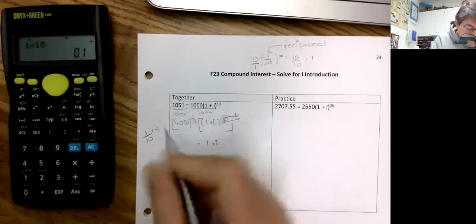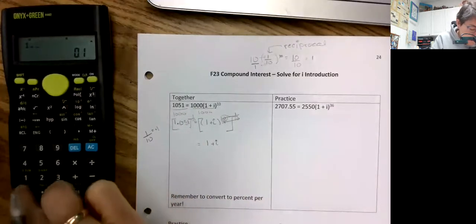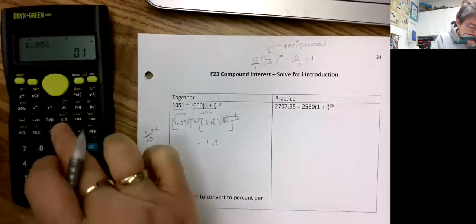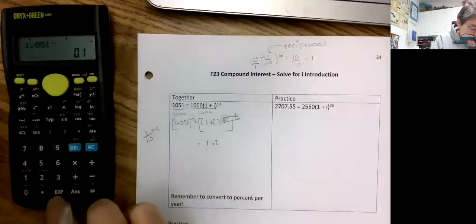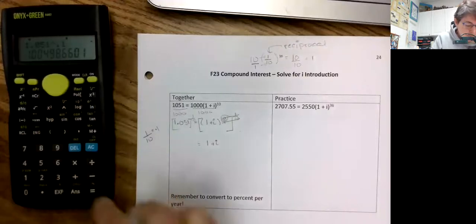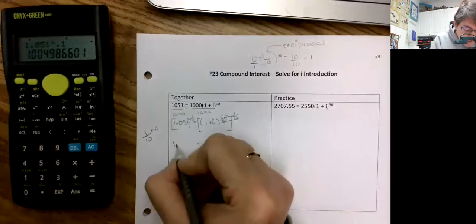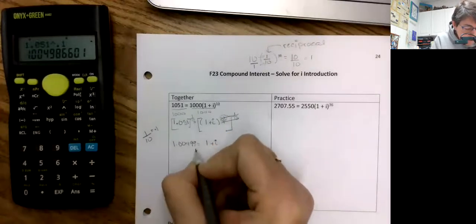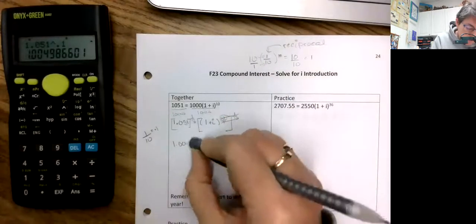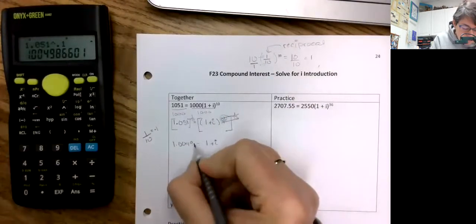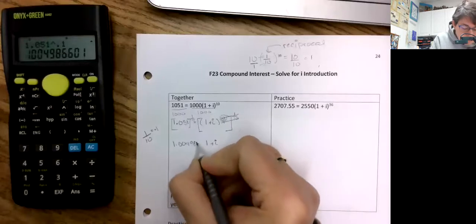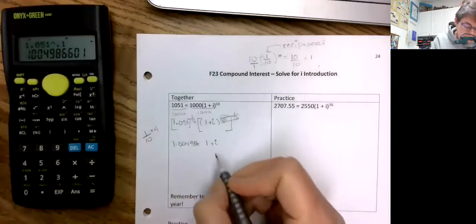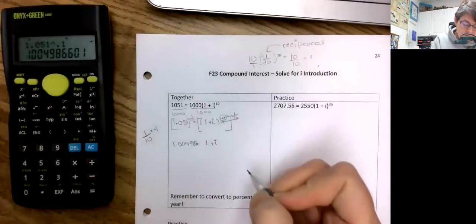So I'm going to type in 1.051, then my exponent key, and 0.1 this time. That gives 1.00499, oopsie, 1.004986. That's enough. That is equal to 1 plus i.